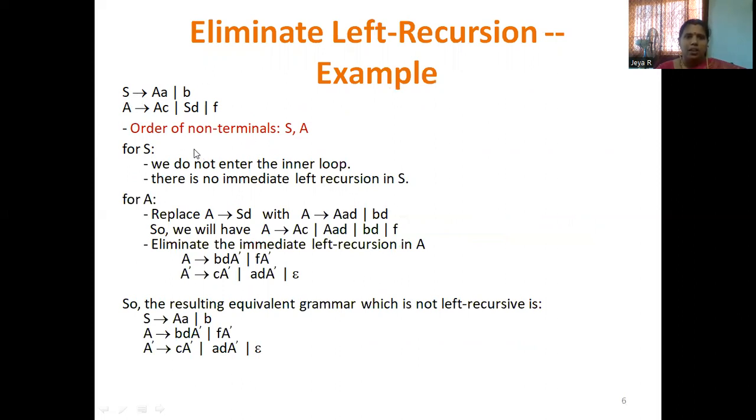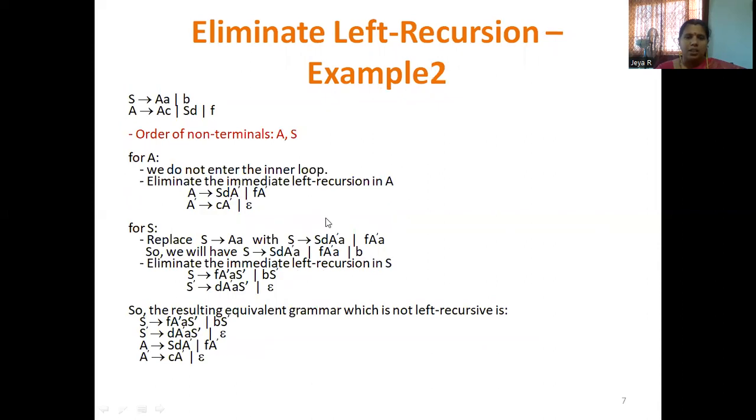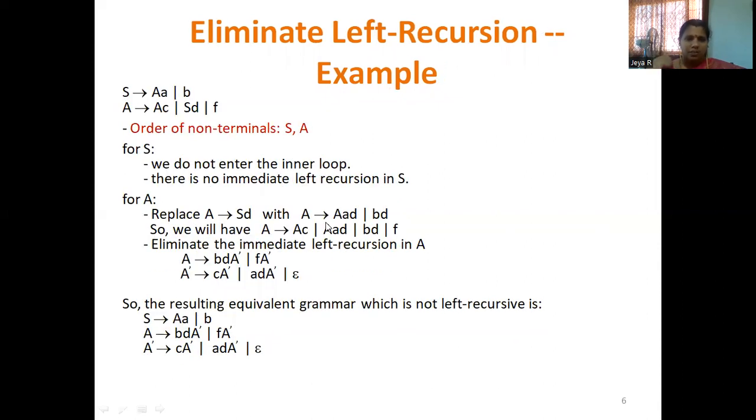When we are doing the left recursion elimination for S, we do not have any inner loop, because S produces A A or B, so there is no immediate left recursion for S. But for A, when I'm replacing S in S D, we will get A produces A A D or B D, because we have A produces A C or S D or F. So we are replacing S with A A or B. When I'm getting this, that is called an indirect left recursion. So we have to eliminate the immediate left recursion as well as the indirect left recursion.